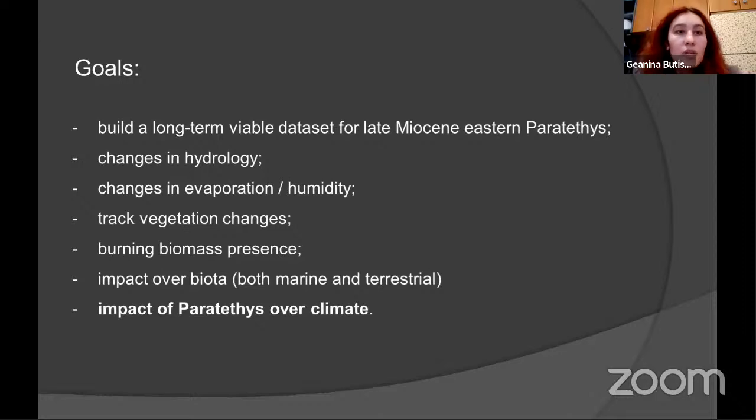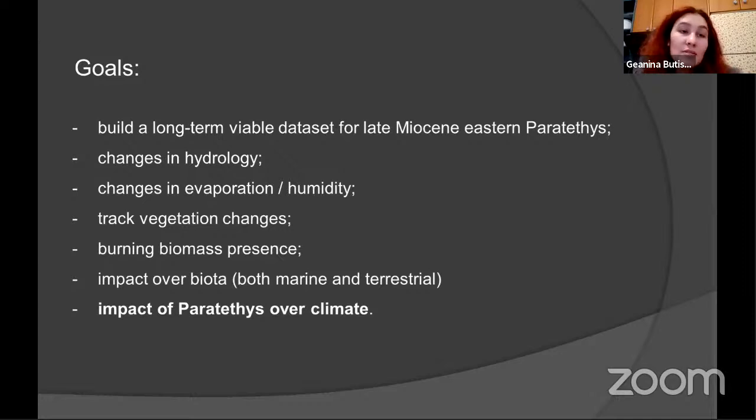We also wanted to see what changes there are in hydrology, and in the evaporation and the humidity of the basin. We also tracked vegetation changes with everything that is happening around the basin. And we also wanted to see the biomass burning presence by analyzing charcoal.